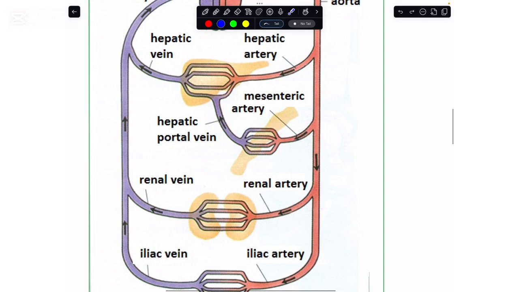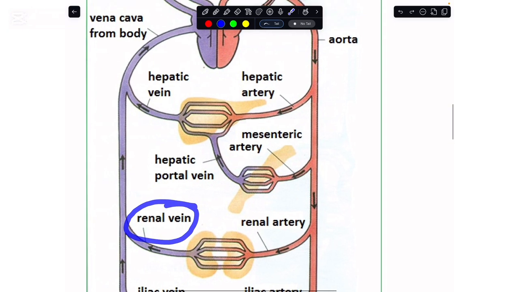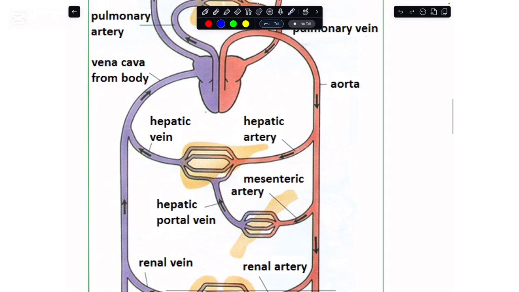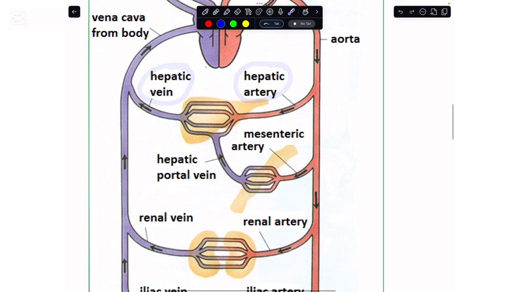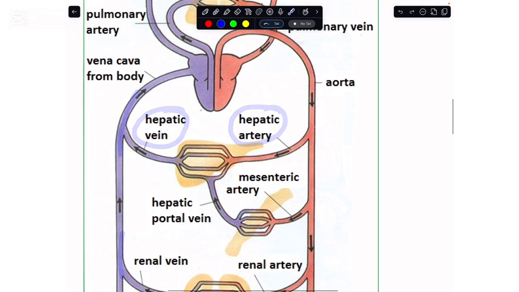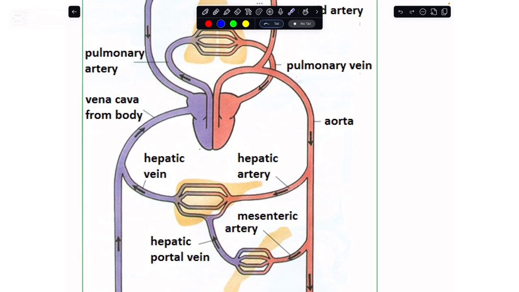Against the renal artery, we have the renal vein. But against the mesenteric arteries, we do not have a mesenteric vein; rather, it is the hepatic portal vein, which takes the blood out of the small intestine to the liver. Against the hepatic artery, we have the hepatic vein, and the hepatic vein, renal vein and iliac vein together make a major vein of the body, the inferior vena cava.